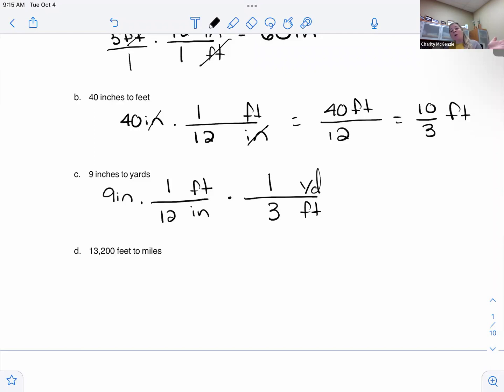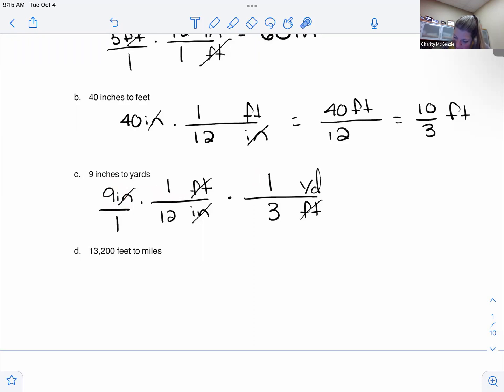Then we can go all the way across, and again, you can think of this as over 1 here, and you could go all the way across, canceling those units that can cancel, and then just times the number. Okay, so I can see that feet cancel here, inches cancel here, and then I'm going to go 9 times 1 is 9.